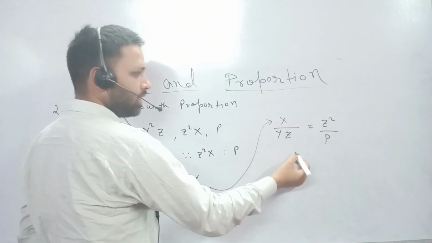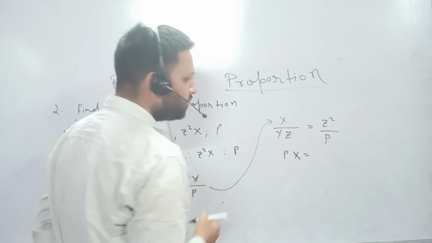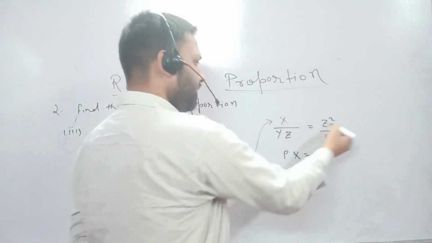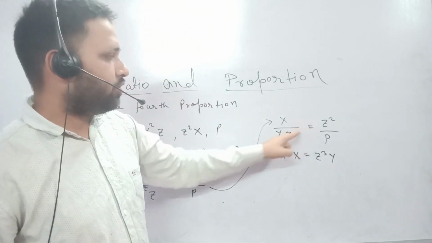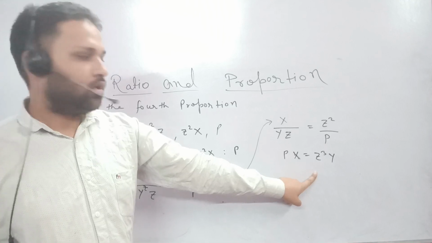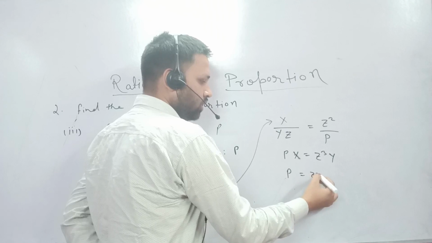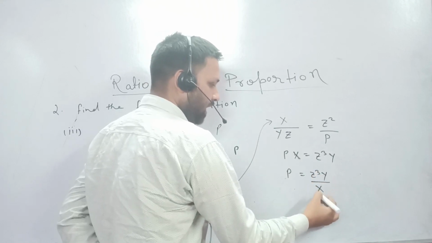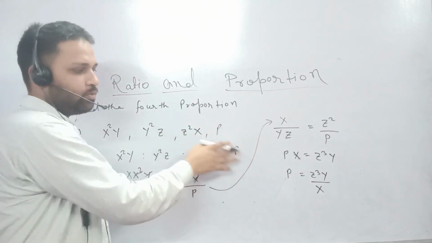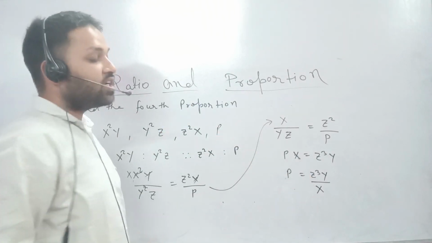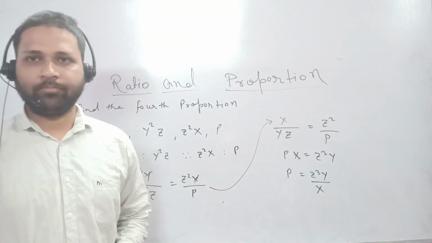Then you cross multiply: p into x is equal to z cube y, since z square into z is z cube. Therefore p is equal to z cube y by x. That is the fourth proportion, because I let p be the fourth proportion, the value of p is z cube y by x.